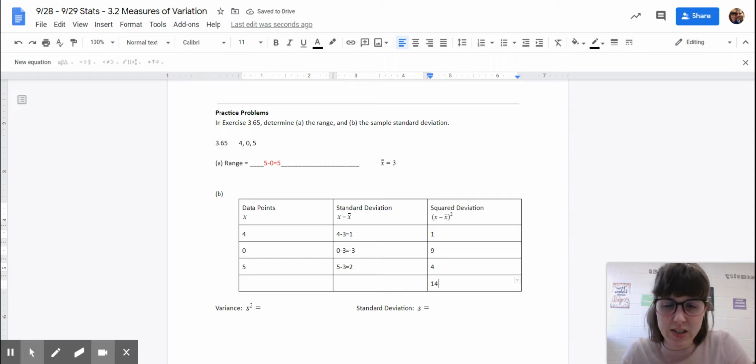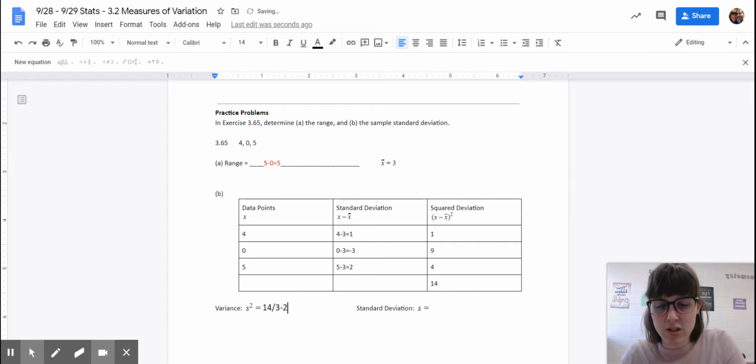Okay, so for variance, if you remember, I said we're going to take the sum of our squared numbers over here. So 14 divided by 1 less than the sample size. And the sample size here was 3 because we have 3 numbers. So divided by 3 minus 1 is 2.